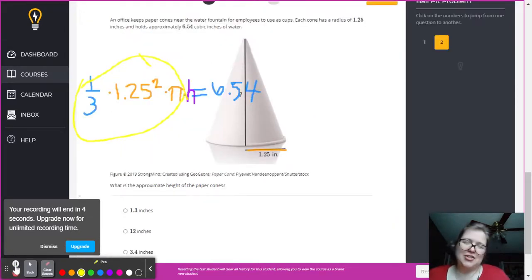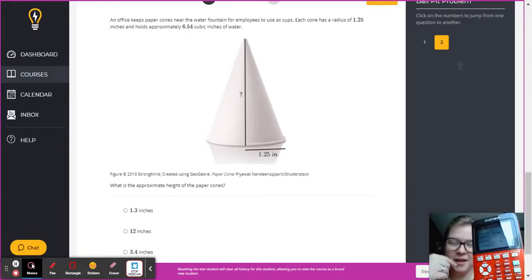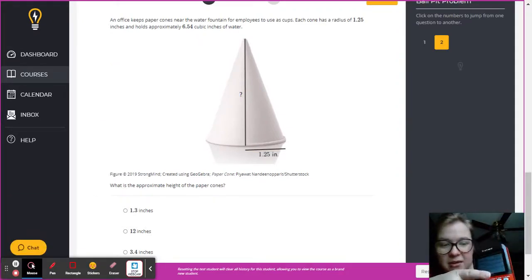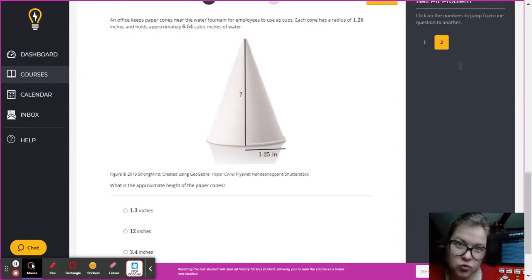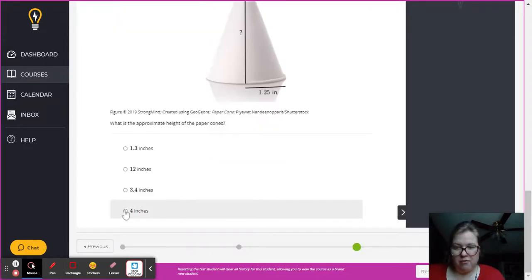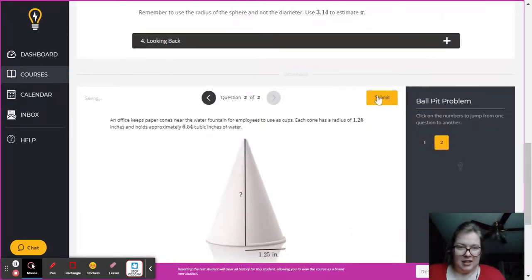That lets me know I should type it in the correct way. Correction, I made a mistake when I was typing it out and used divided by too many times. I should have done multiply. So when I multiply that out, I get 3.996, which is about 4 inches. And then that should be it.